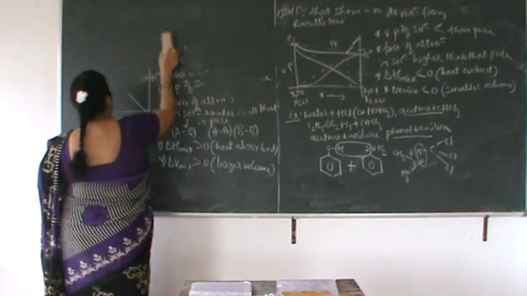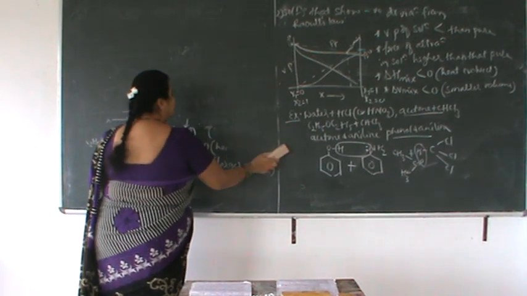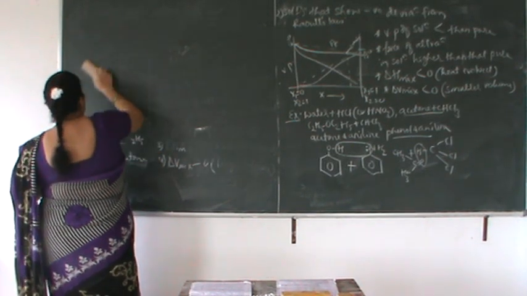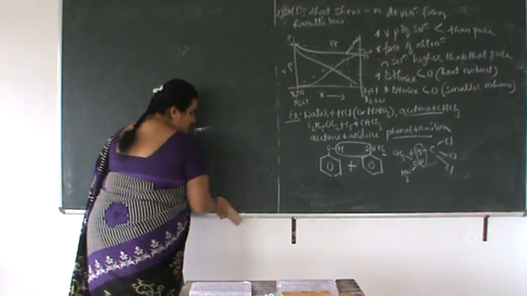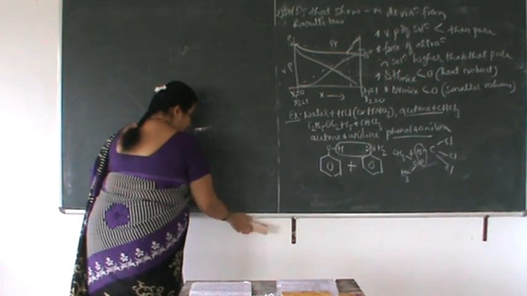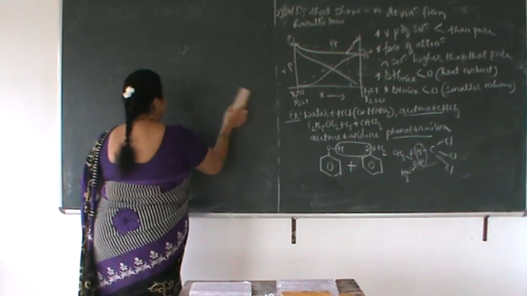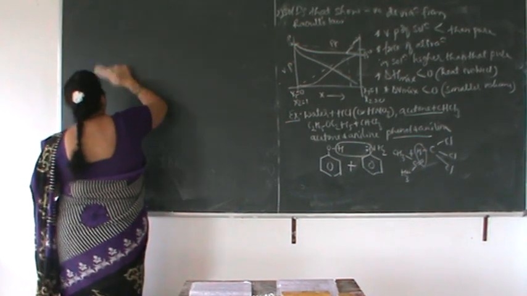Now the next one, azeotropes. This is also information related to non-ideal solutions itself, but the heading will be different. So the next heading is azeotropes. What are azeotropes?